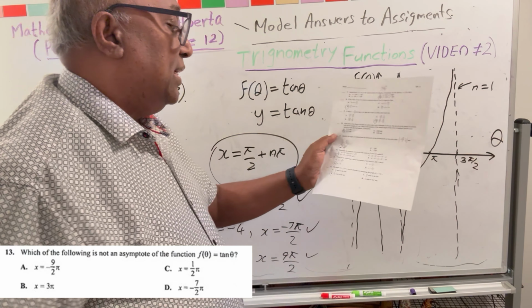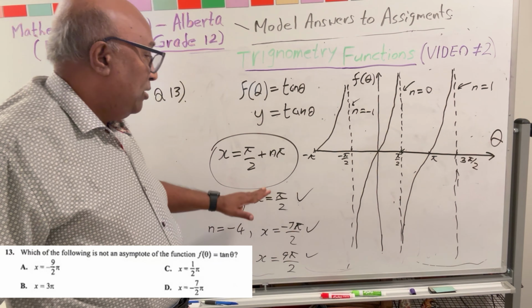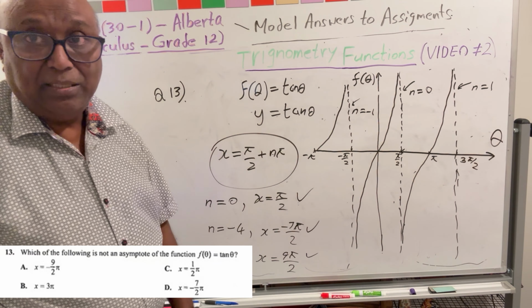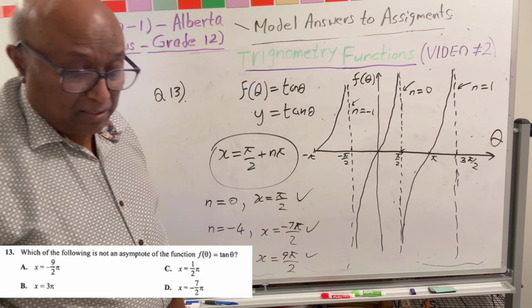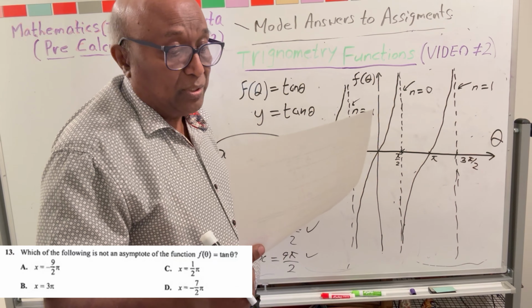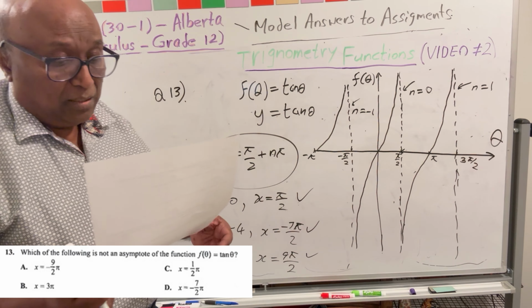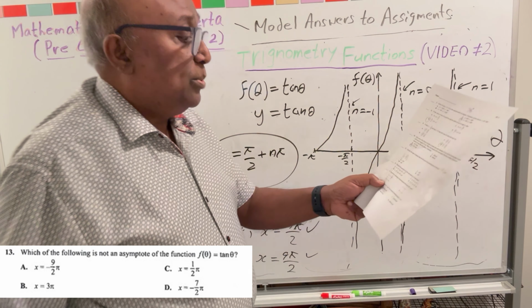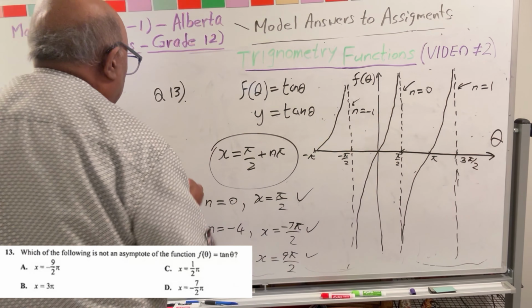There is no way of getting x equals 3.5. When you input these values into this equation, we get 3 answers out of 4 as asymptotes. That means the relevant option for the non-asymptote is answer number B.